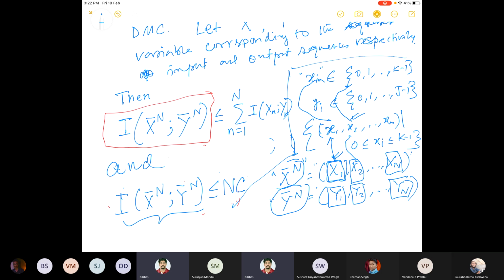So X bar n is the joint random variable X1, X2, ..., Xn, and each of these is again a random variable, and we are trying to measure the mutual information between the individual random variables and the mutual information of the whole, the joint one. This is given by the first equation here. The second equation gives a bound on the channel capacity.